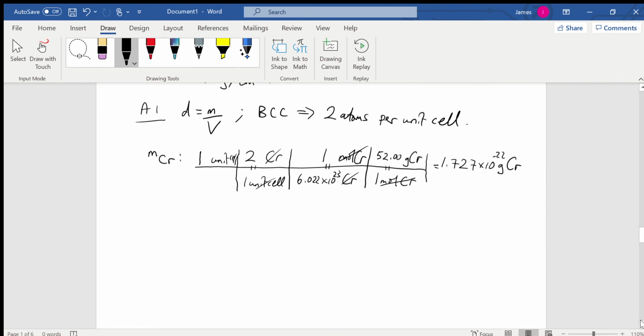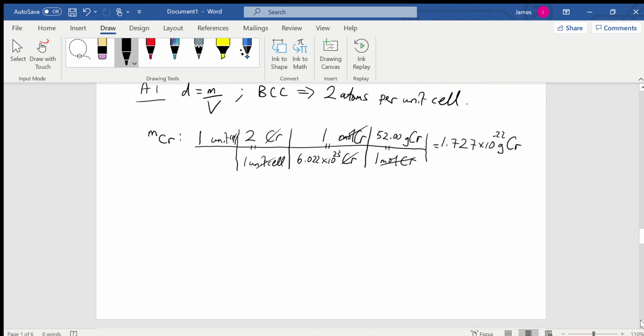Let's have a look at the volume. Well, I know the volume is just the length cubed. So we take our unit cell, and it has length 4 times the radius over root 3, because it's a body-centered cubic unit cell. Okay. I know the volume is length cubed.